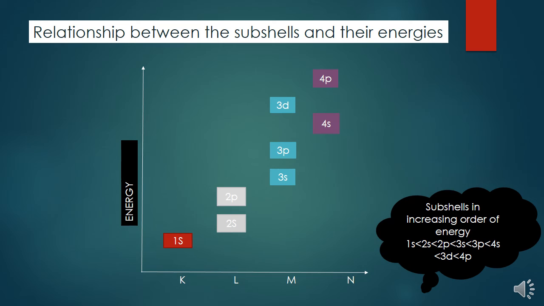In between 3p and 3d there is 4s, because 4s has lower energy than 3d. So after 3p the 4s subshell can be filled, then after 4s the 3d subshell can be filled, and after all, the 4p subshell can be filled. So we can write 1s less than 2s less than 2p less than 3s less than 3p less than 4s less than 3d less than 4p.